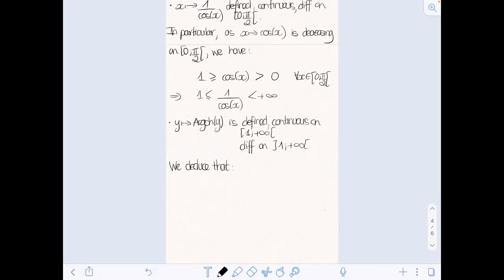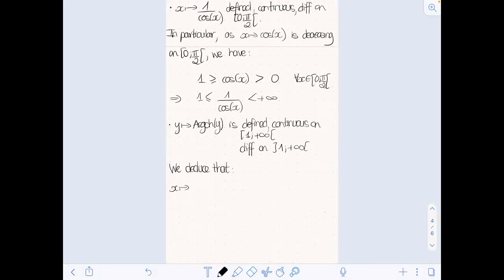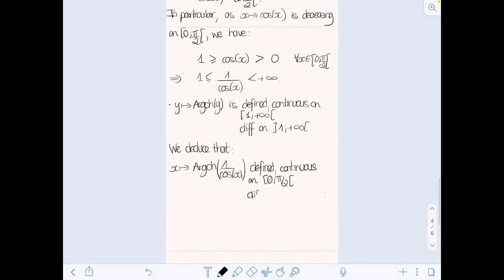So what we can deduce here is that x maps to argch of 1 over cosine of x is defined and continuous on 0 to pi over 2, and differentiable on the open interval 0 pi over 2.